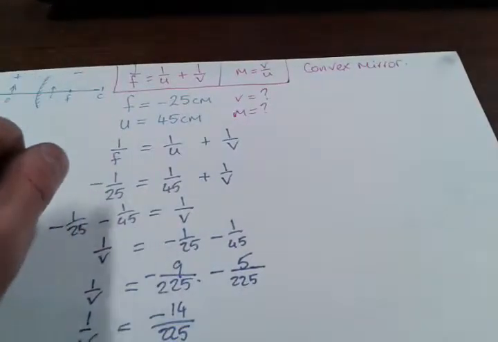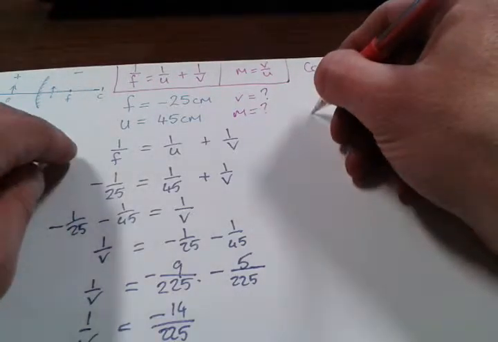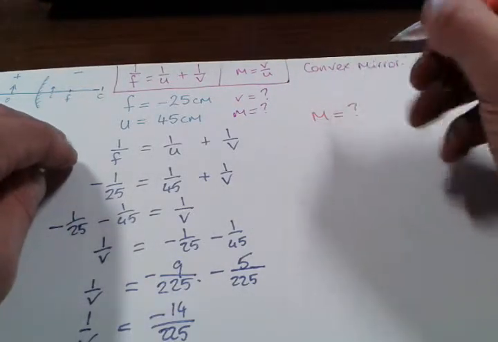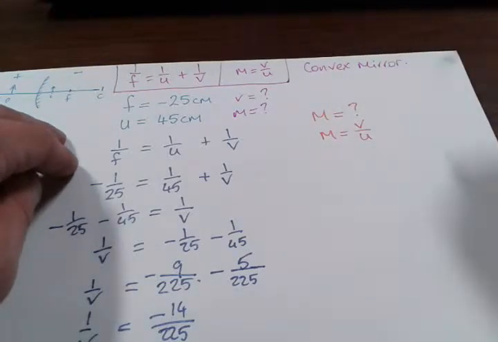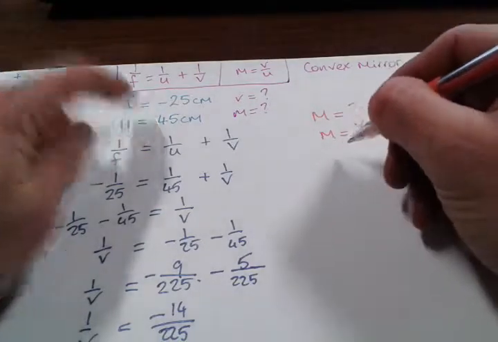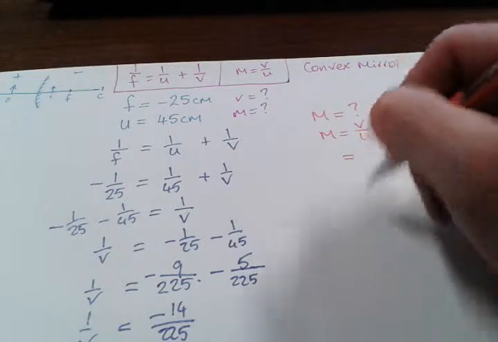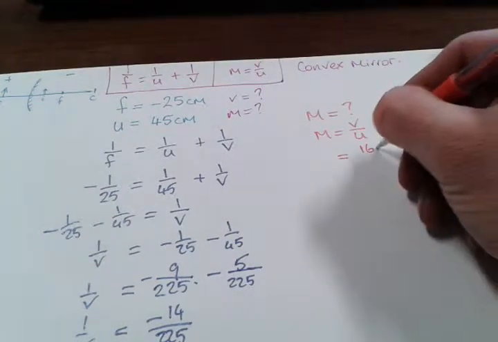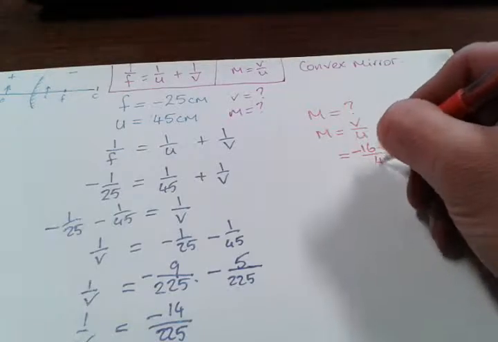Now, the next thing we're asked about is the magnification. So let's look at magnification. M equals question mark. Well, M equals v over u. So I have u is 45. So I can do v, which is 16.07, divided by 45.